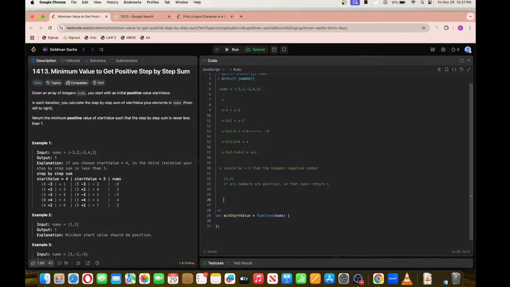In this case, 1 minus 2 is minus 1, and then minus 3. So what is the minimum? In the beginning it will be 1.